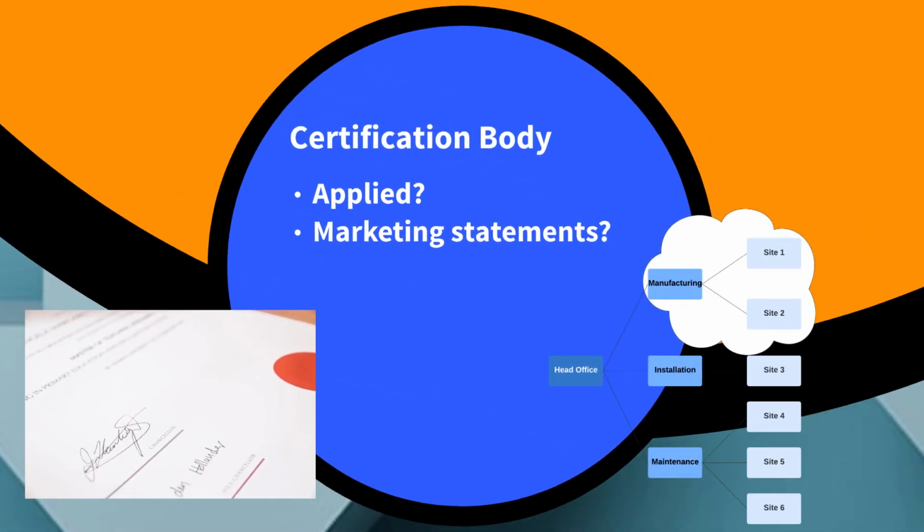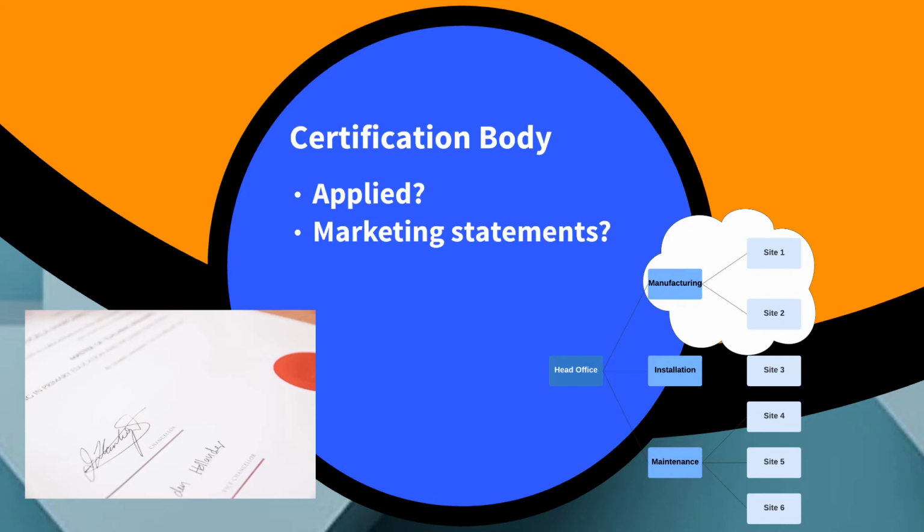So just to keep going with that point, here's our safety management system, and we're seeking certification. The certification body, the auditors they send out, will do two things. They will carefully look at your defined statement of the scope of your management system. So number one, they'll want to make sure that's applied.